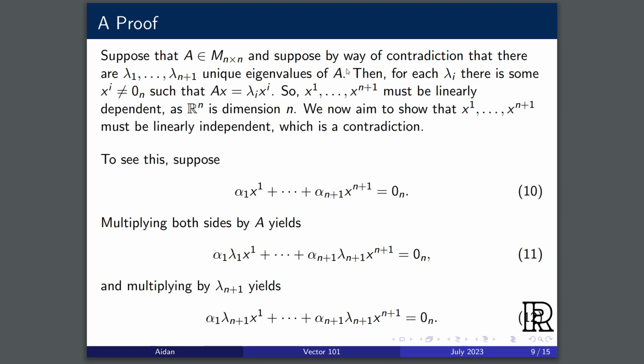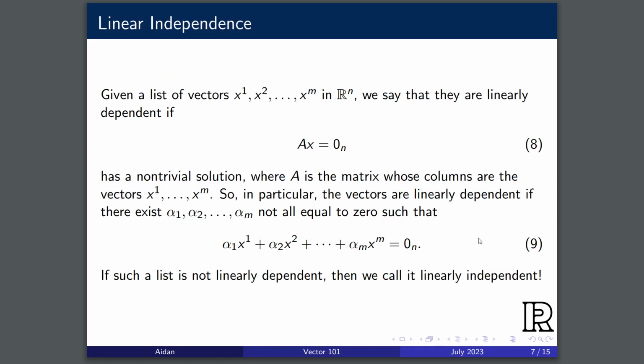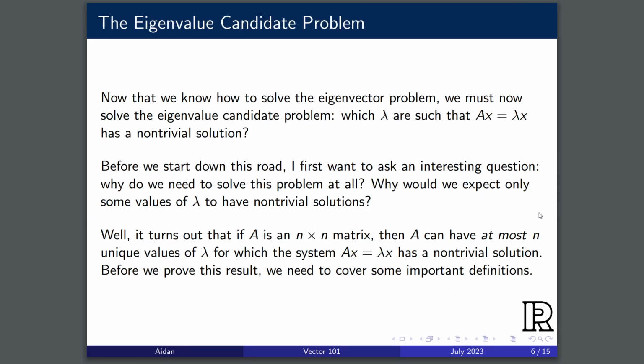And so it must break, because otherwise you have a contradiction, and you cannot have contradictions. So this is basically the proof of this result here. Or no, sorry, of this result here: that an n by n matrix can have at most n unique eigenvalues.